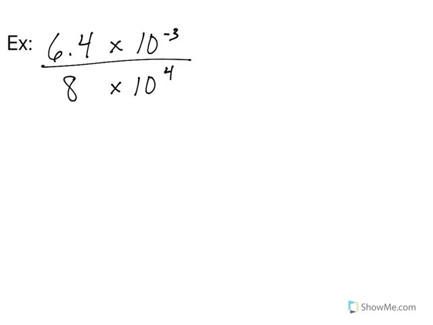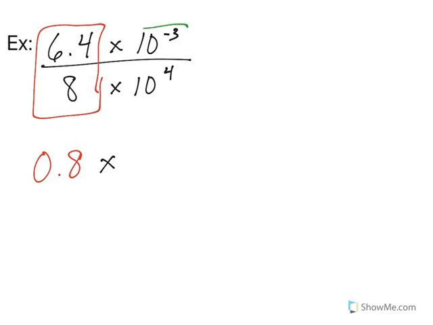Now let's do a harder example. 6.4 times 10 to the negative 3rd divided by 8 times 10 to the 4th. Again, focus on your non-base 10 numbers. 6.4 divided by 8 gives me 0.8. Red flag, this is less than 1, so it is not in scientific notation.